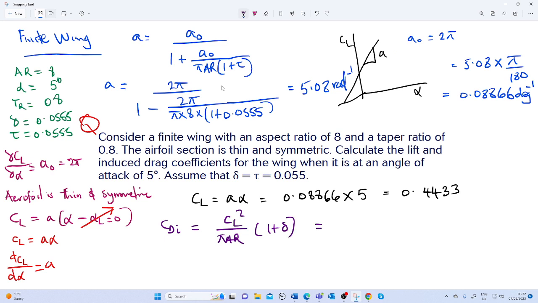That gives us 0.4433 squared over pi times 8, multiplied by 1 plus 0.055.